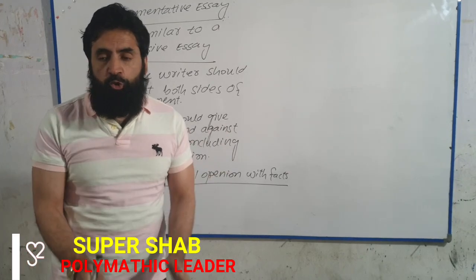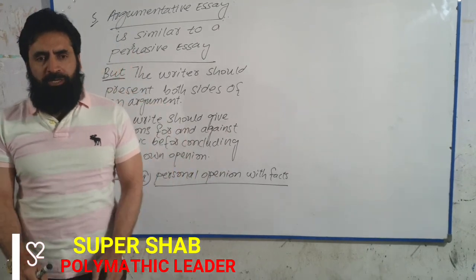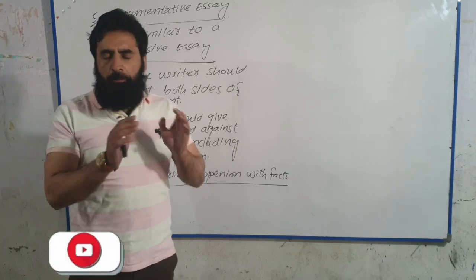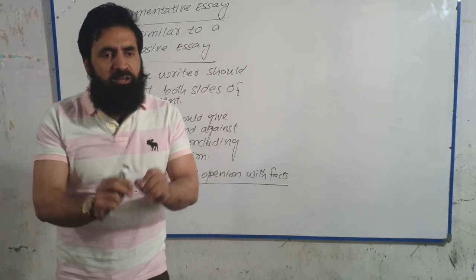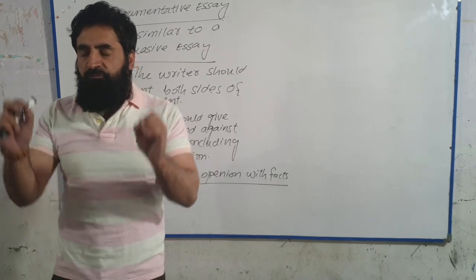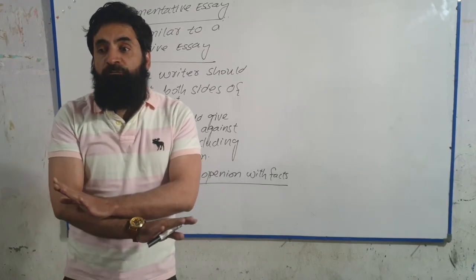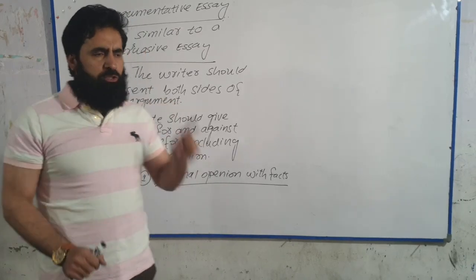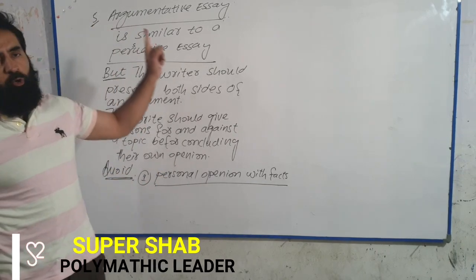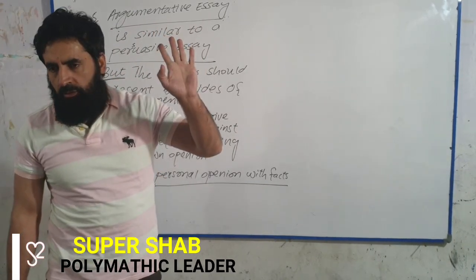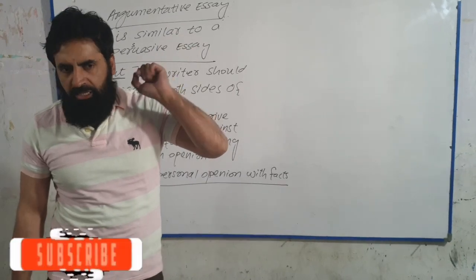The writer should support the ideas and opinions by providing facts, examples, and information, not feelings. Got it? So this thing should be avoided first whenever the writer writes an argumentative essay. Do you all understand?